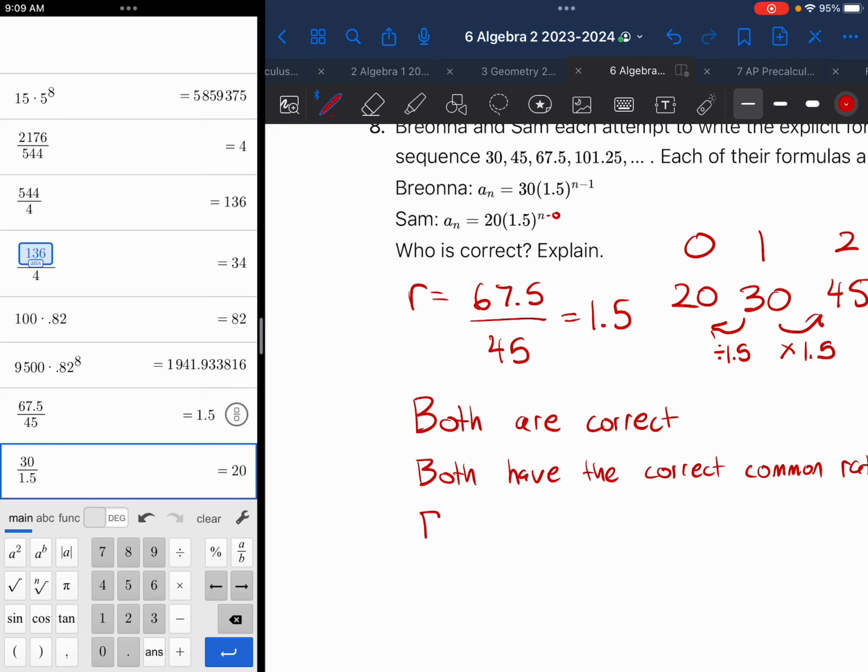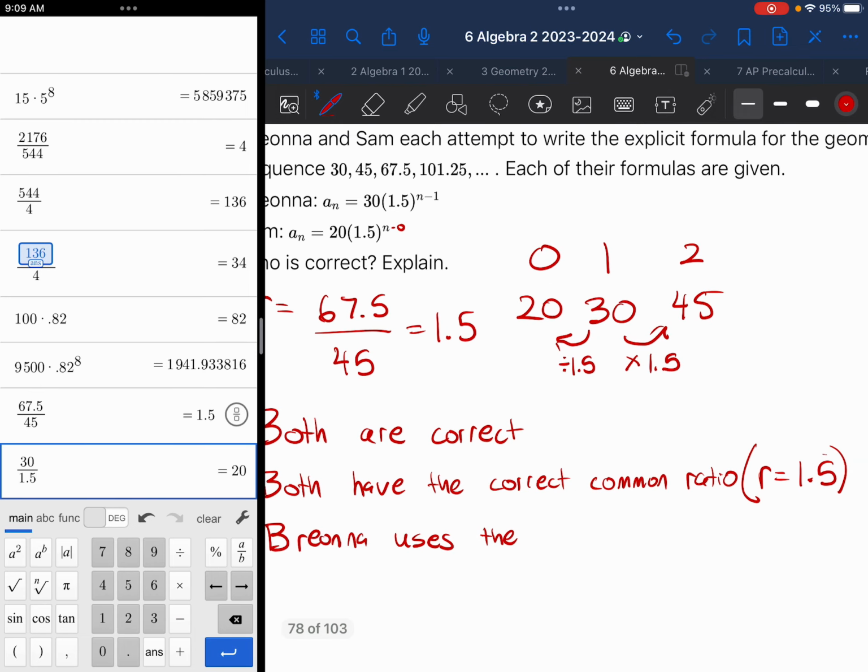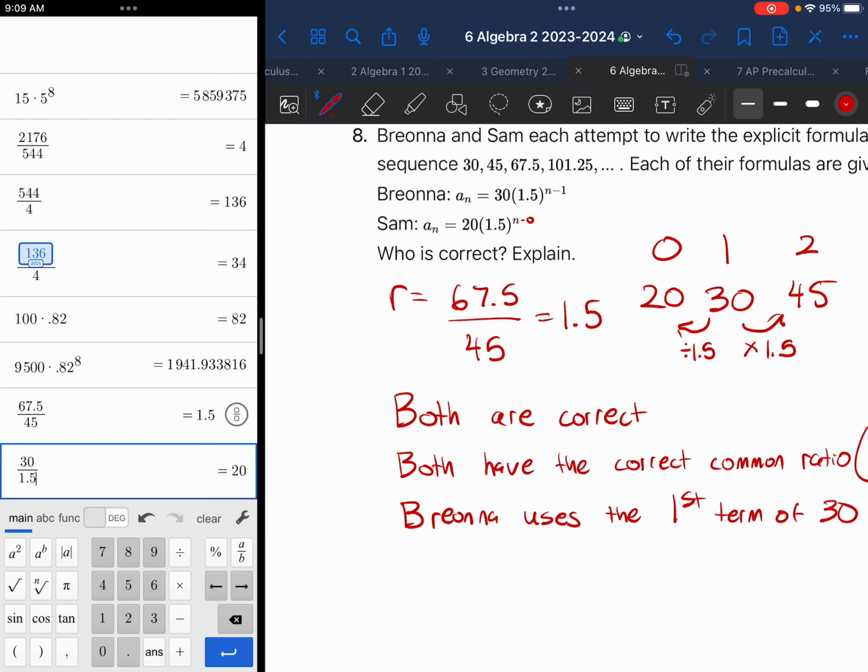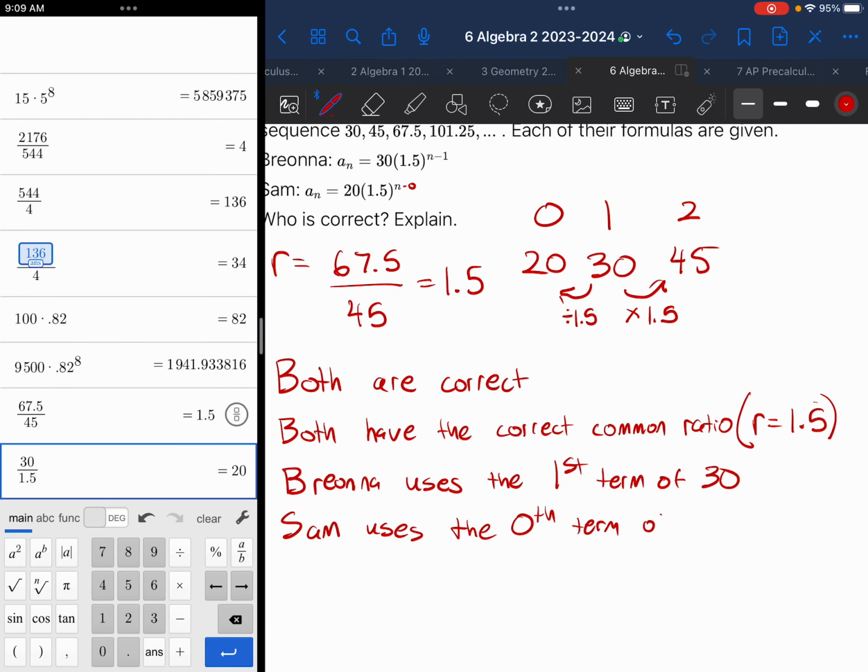I'll say that Brianna uses the first term of 30, and Sam uses the 0th term of 20. Both of them are correct.